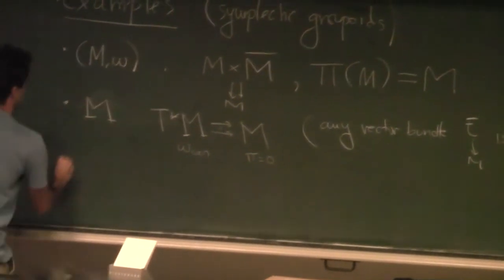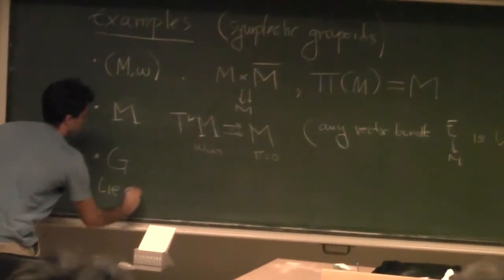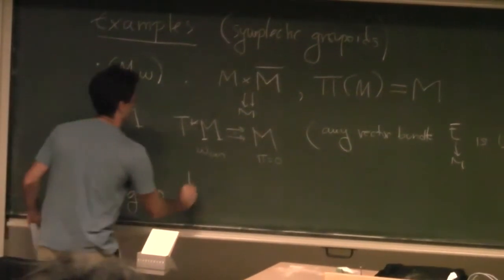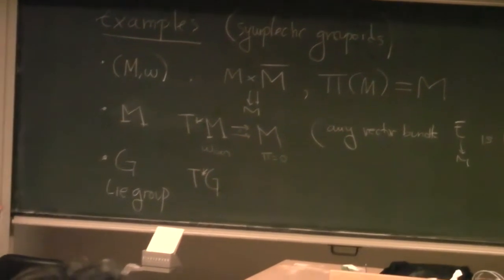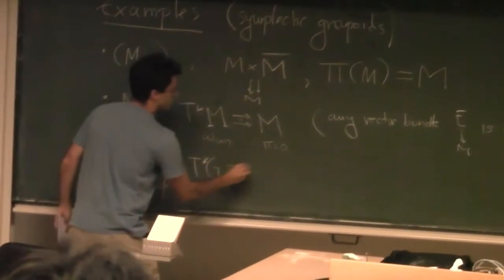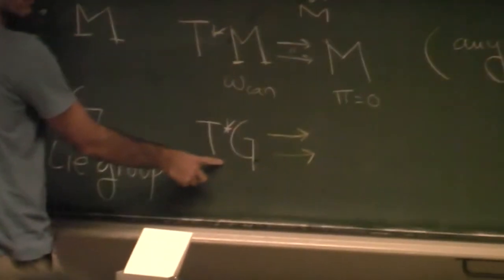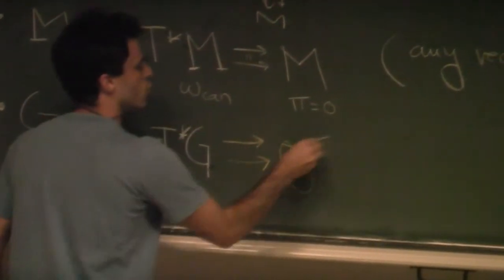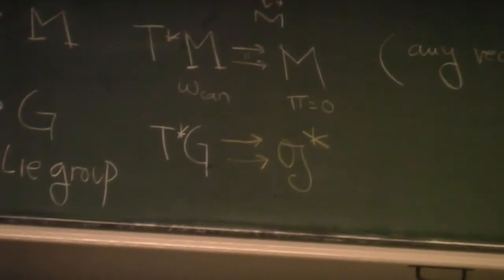And then finally, if you have a Lie group, then you can look at its cotangent bundle, and we saw that the cotangent bundle of a Lie group is naturally a groupoid. So first of all, it is a symplectic manifold because it's a cotangent bundle, but it's also a groupoid over the dual of the Lie algebra, just because it has the structure of an action groupoid.